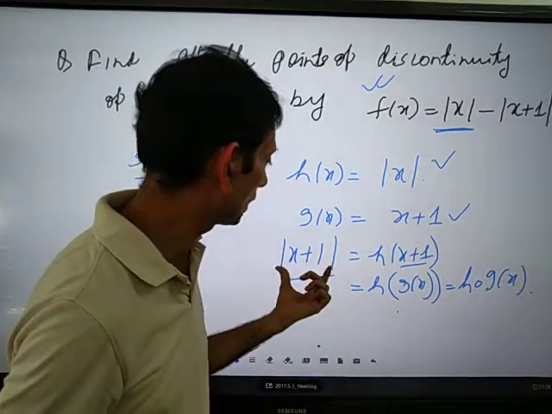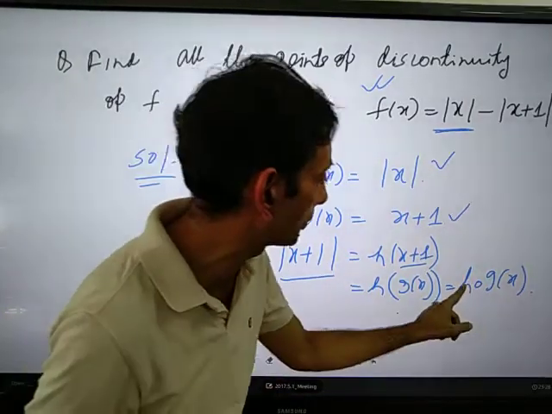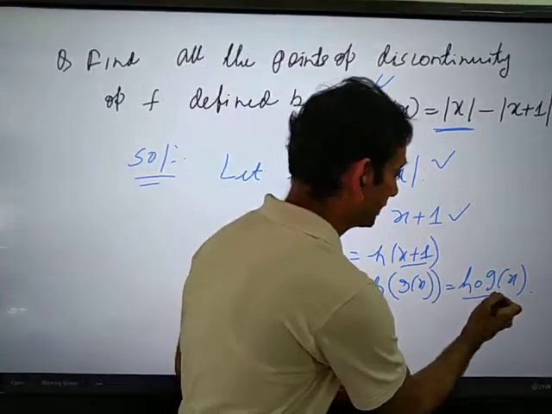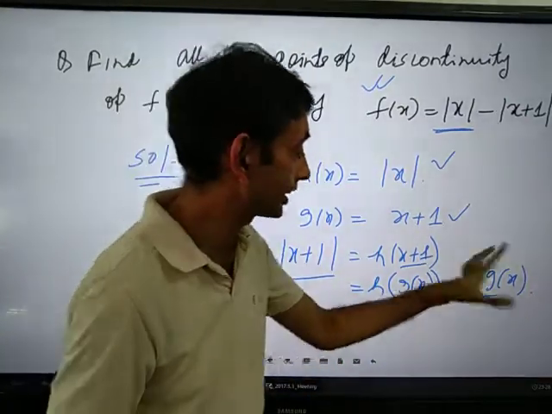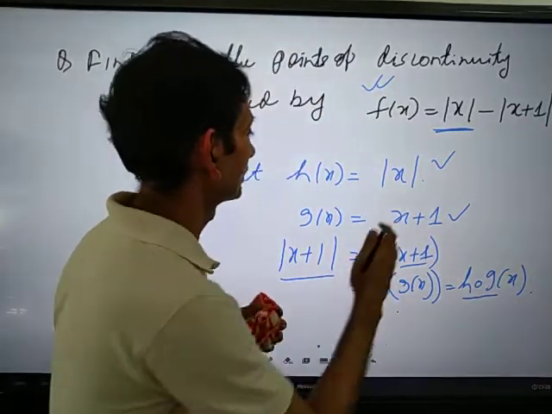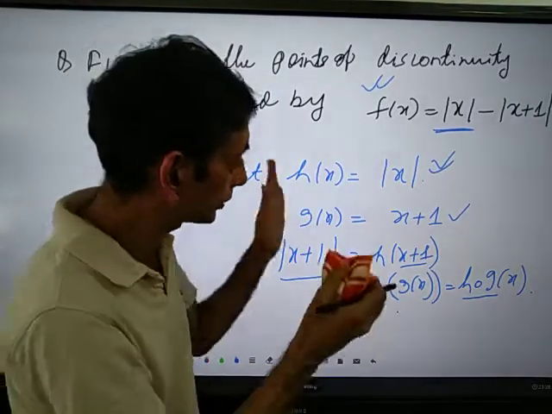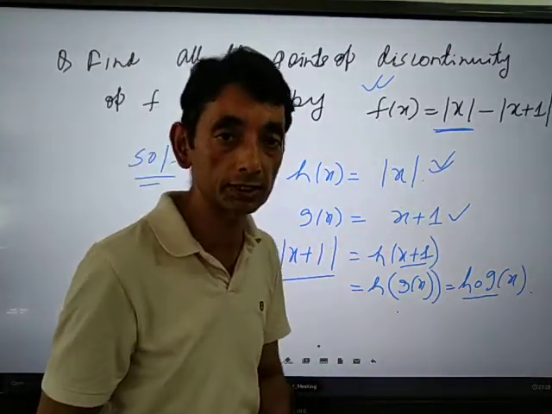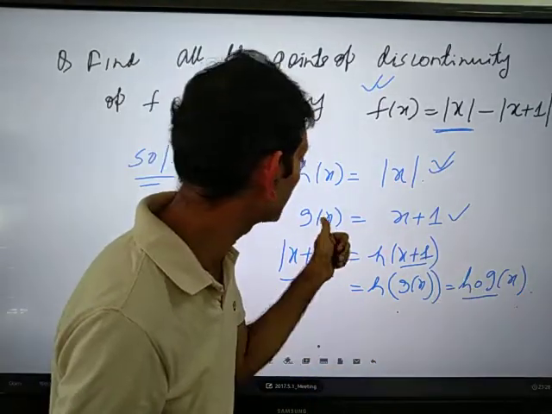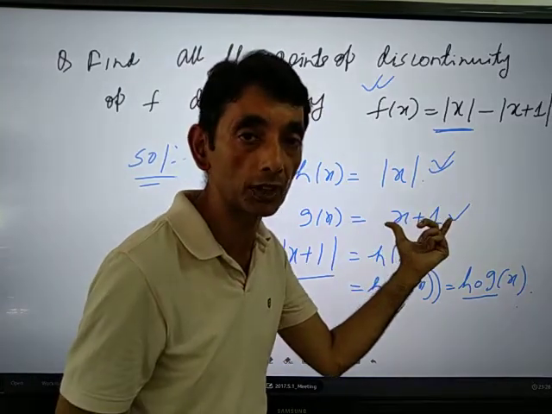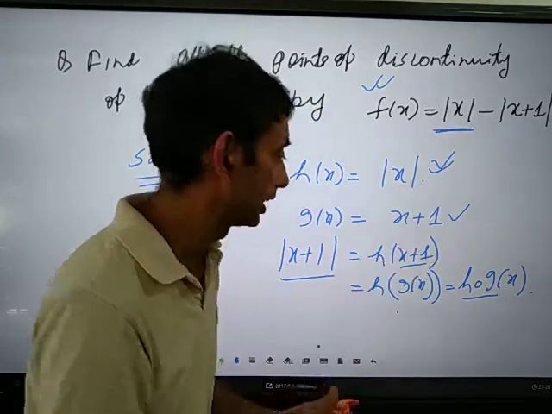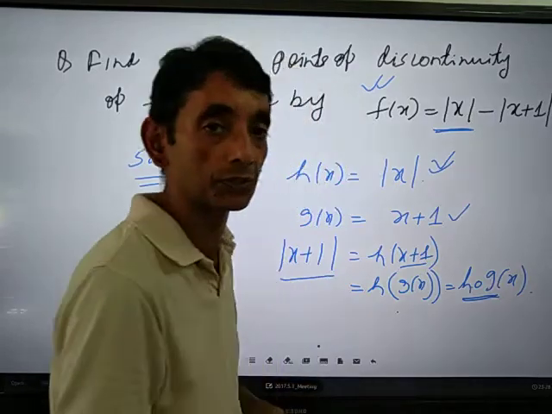That means this particular function can be written as a composition of two functions, h and g. But most important, what are h and g? h is a mod function, mod x, which is continuous. And g(x) is a polynomial function, which is also continuous. That means this is a composition of two continuous functions.